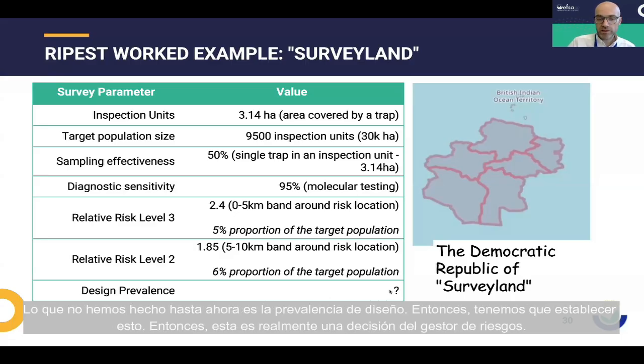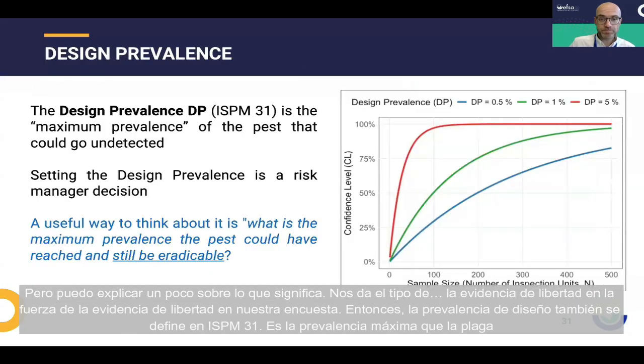What we haven't done so far is the design prevalence. So we have to set this. This is a risk manager decision, but I can explain a little bit about what it means. It gives us the strength of the evidence of freedom in our survey. The design prevalence is also defined in ISPM 31.